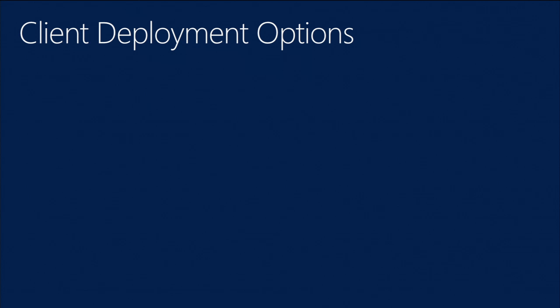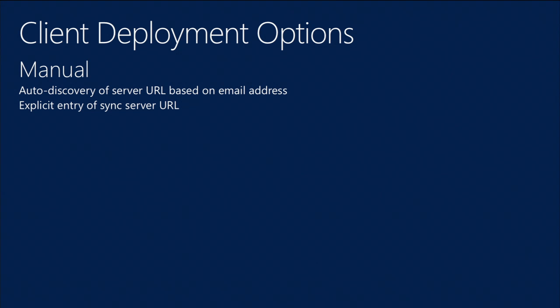And there are 3 ways that we let you do that. The first is a manual process, and what Roy showed you was a manual process, where the user just enters their email address, and it's worth noting, the only thing we use the email address for in that case is to construct a URL that is a standard URL for us. So it's workfolders dot whatever the domain was.